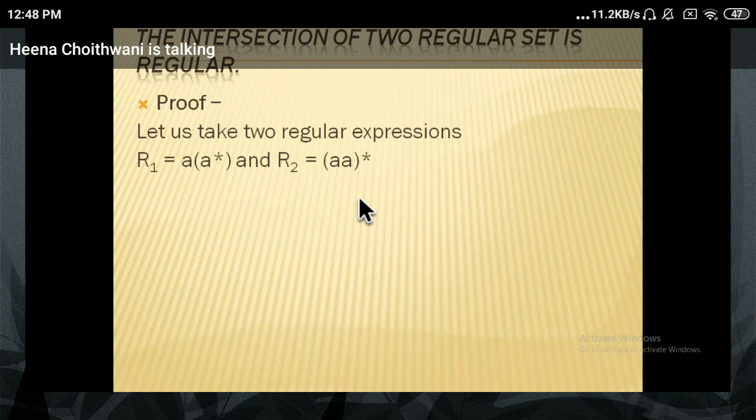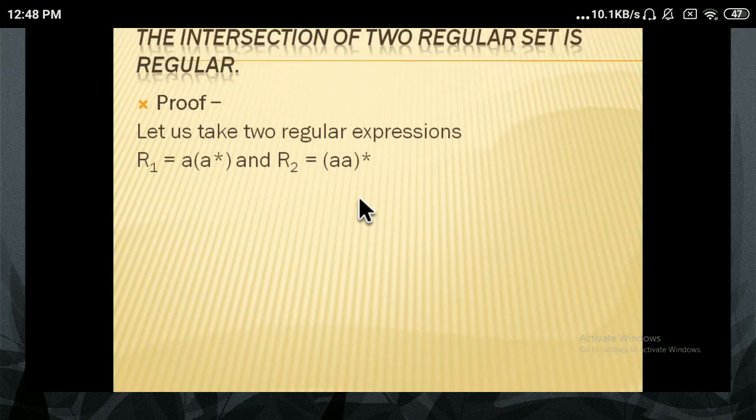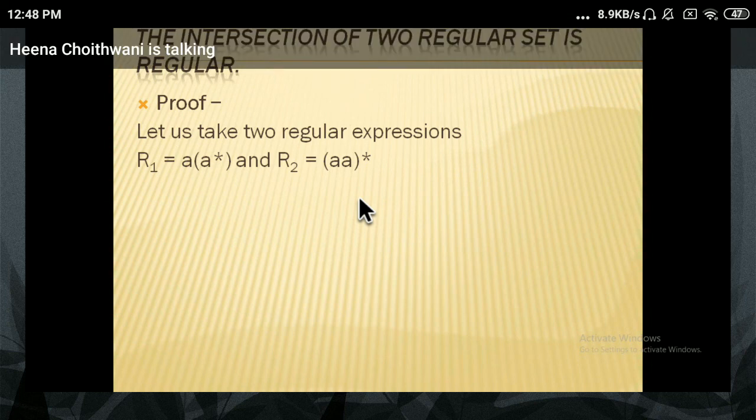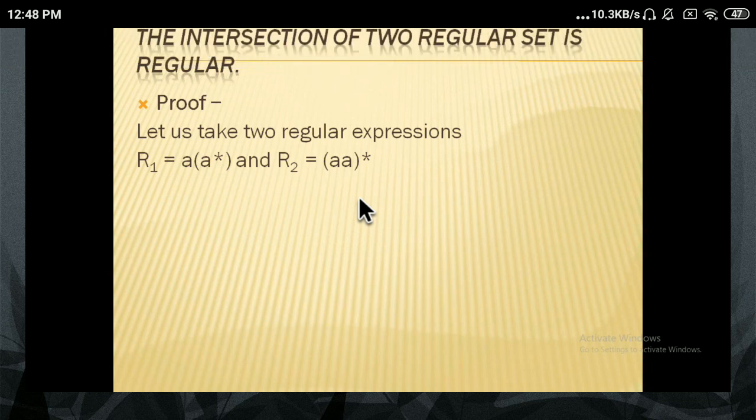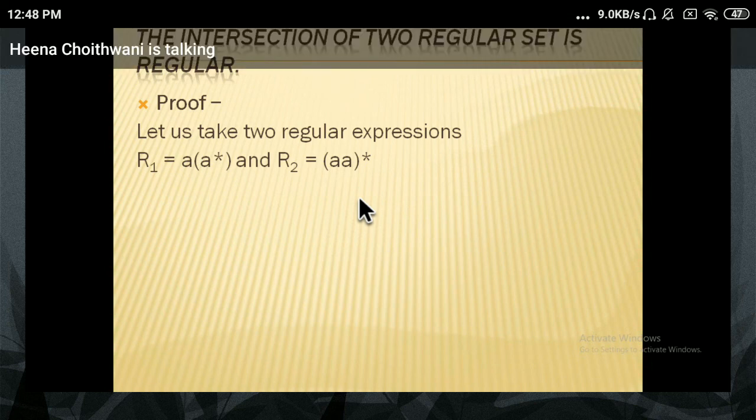Now tell me, if you take the common of these two sets, A plus and all possible strings of A in even length, what will be the common part? Intersection is nothing but taking common elements, right? Can we say R2 is nothing but the common part?